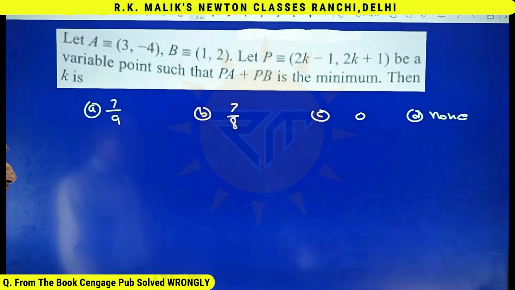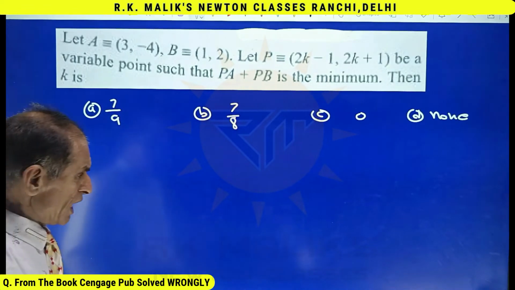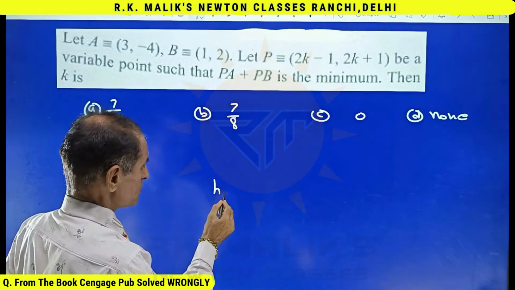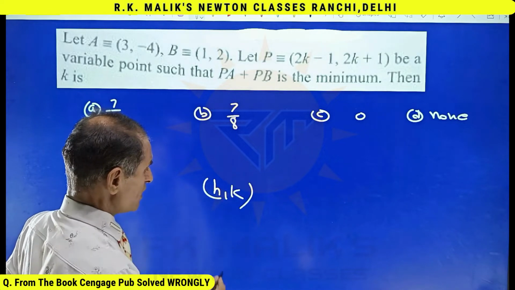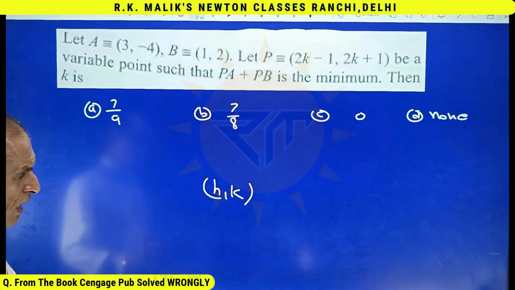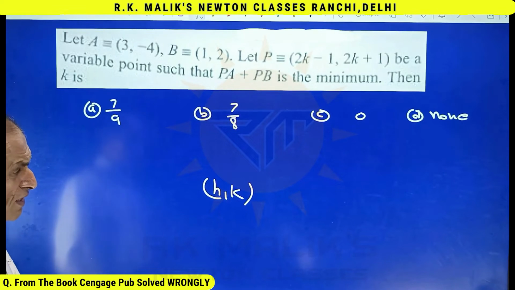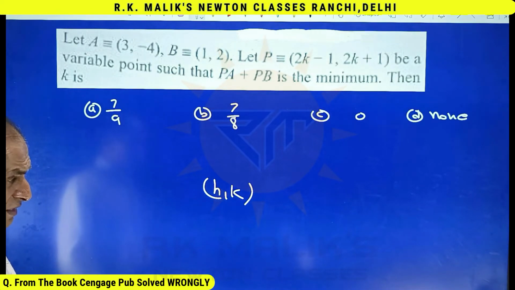To understand the mistake, let me first find the locus of the point P. We know that whenever you have to find the locus of some point, we always suppose that point as (h, k), and after that we try to find a relation in h and k which is not containing any other variable except h and k.